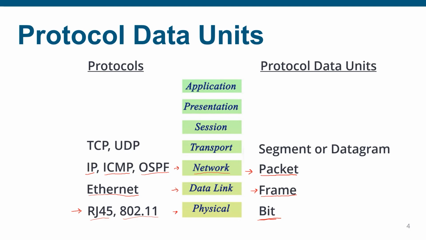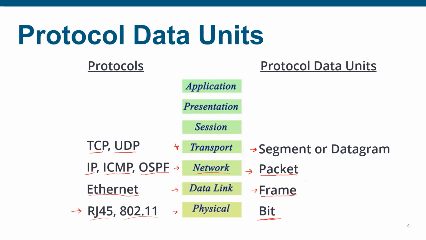And the last layer that we as network engineers really care about is layer 4, the transport layer. At layer 4 is where we have the TCP and UDP protocols. The unit of information at this layer is a segment or a datagram.